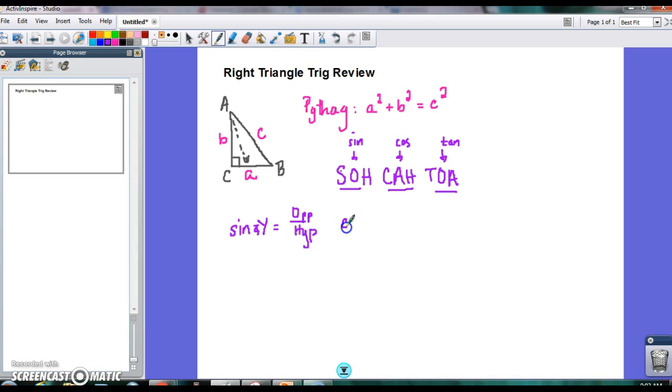The cosine of angle y is the ratio of the adjacent side over the hypotenuse, and the tangent of angle y is the ratio of the opposite side over the adjacent side. That's what all those letters stand for. In case you didn't remember, I just wanted to review that quickly.